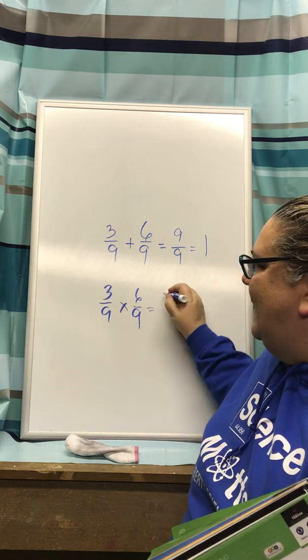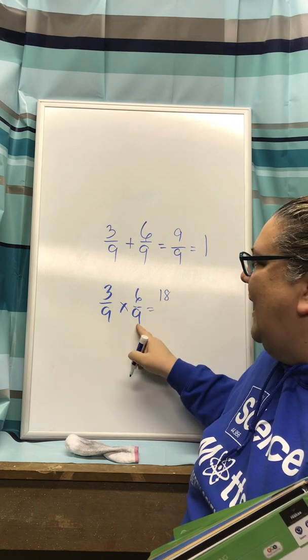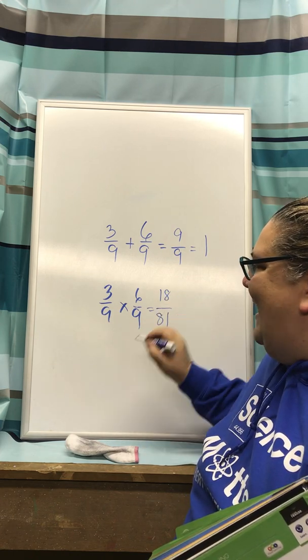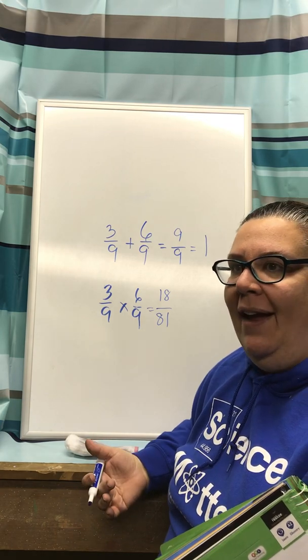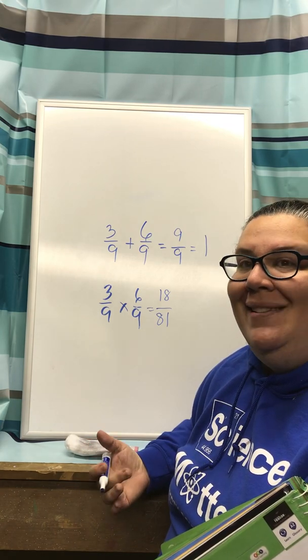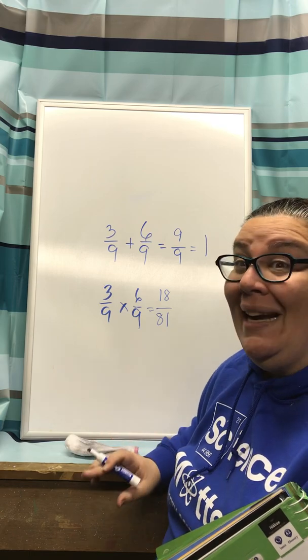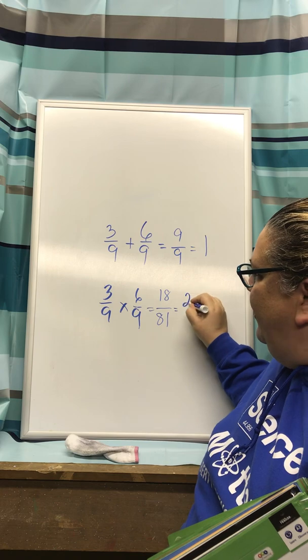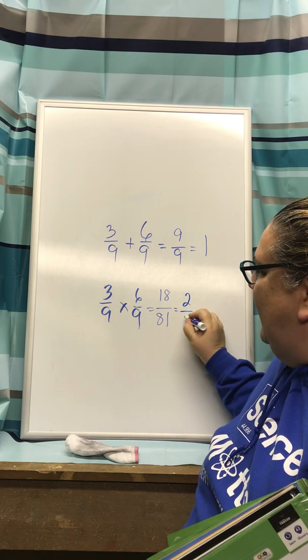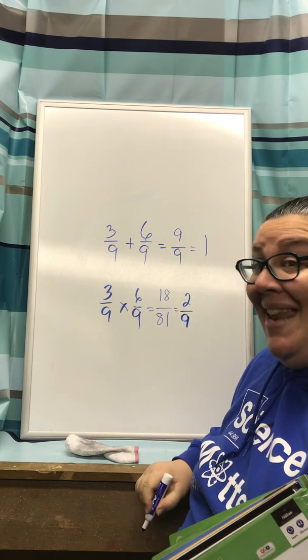So 3 times 6 is 18. 9 times 9 is 81. So again, I know I can simplify that. Knowing my multiples, I know right away that I can divide both the numerator and denominator by 9. So I end up with 18 divided by 9 is 2. 81 divided by 9 is 9.